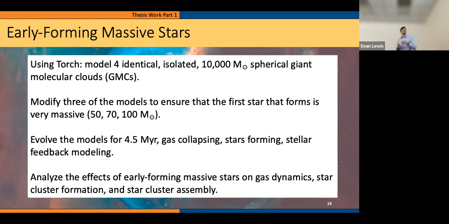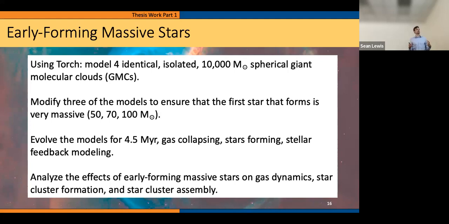So in the first simulation, which I refer to as the fiducial run, I allow the TORCH numerical model to proceed essentially as it normally would, in which case stars are randomly sampled and placed when sink particles form and sinks accrete material. But for the other three simulations, I modify the mass list of the first sink such that as it's accreting material, the very first star that it forms is either a 50, 70, or 100 solar mass star.